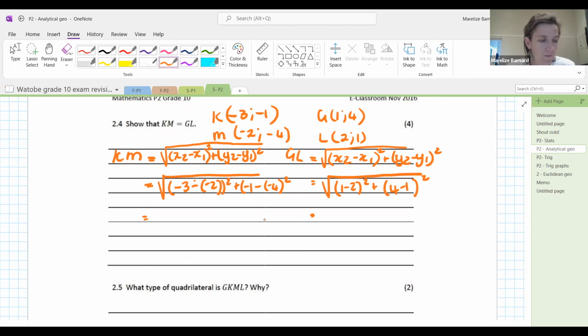Do you prefer, when you calculate distance, your students to leave the answer in a decimal or in surd form? It doesn't really matter. But if the question says surd form, then you must leave it in surd form. Okay. Nyasha says KM is 3.16.